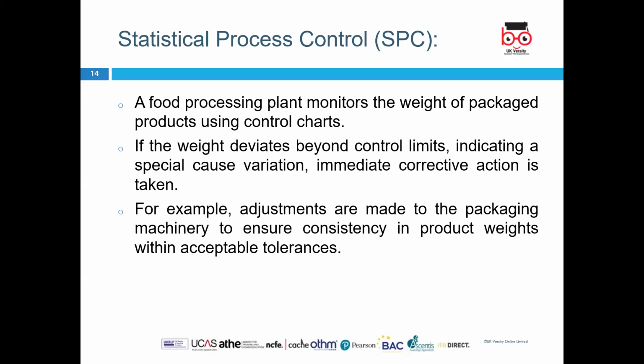If a packet weighs 90 grams, then that is outside the control limit. So again, immediate corrective action is taken. For example, adjustments are made to the packaging machinery to ensure consistency in product weights within acceptable tolerances.